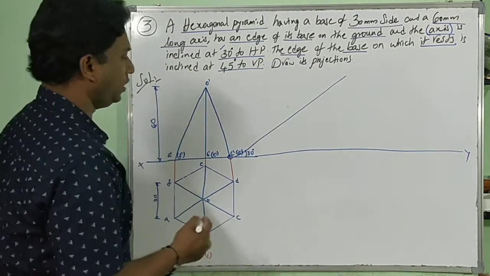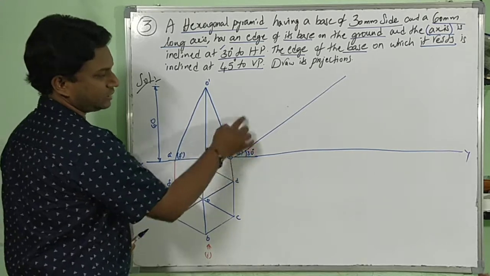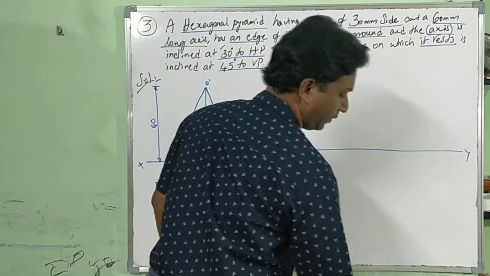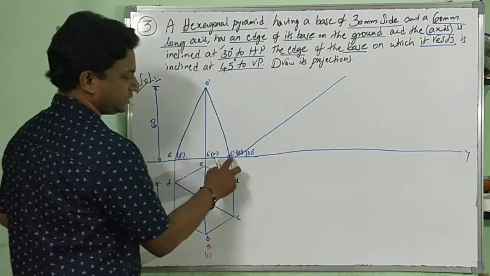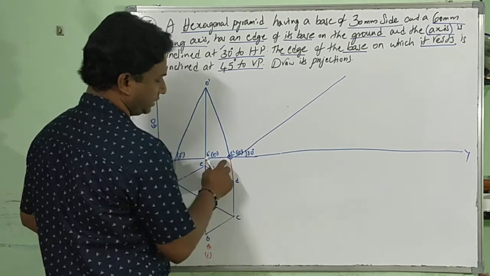On the 30 degrees line, I have to draw this line. At the same time, this base has to be touched. This is already the thing which you know, right? I was continuously explaining. This C dash, D dash should touch at the same time.